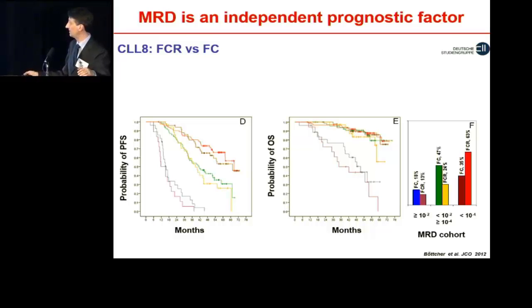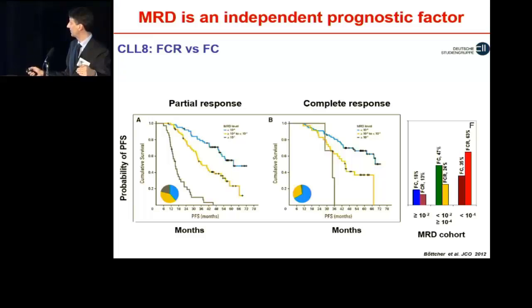And this is independent of how you get to the MRD negativity. So both FC and FCR cases who reach 10 to the minus 4 indeed have a better progression-free survival and overall survival.